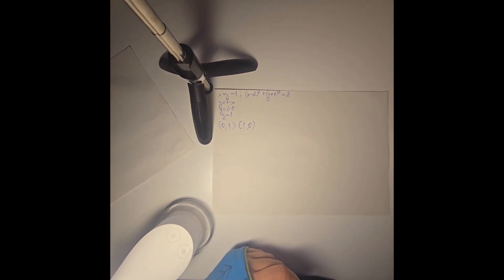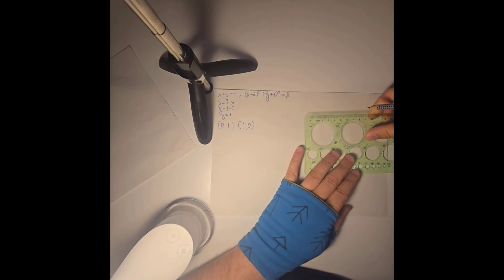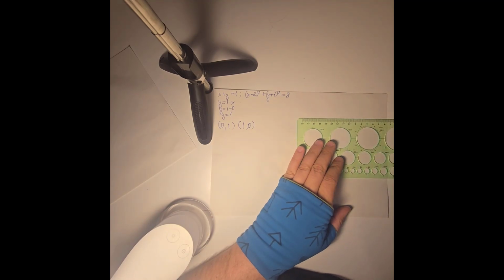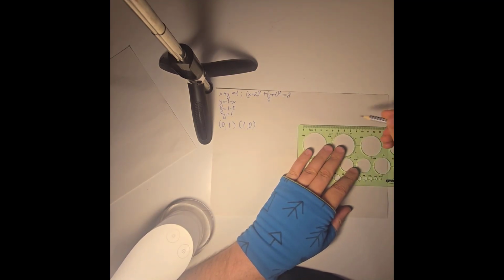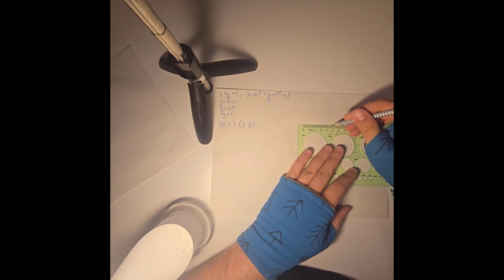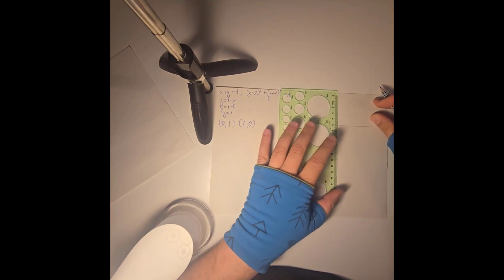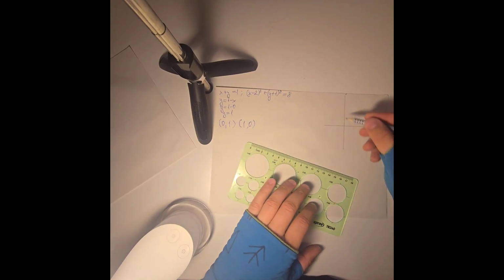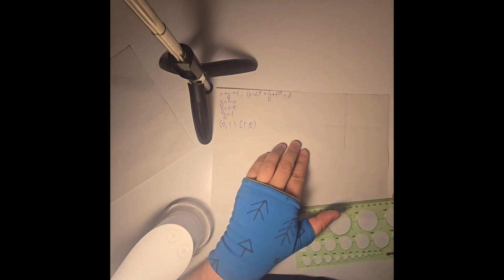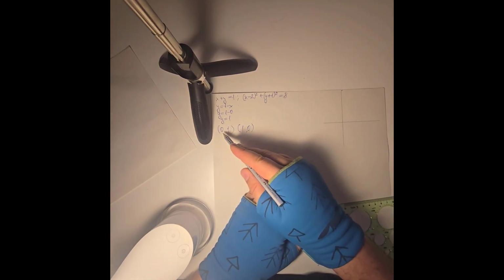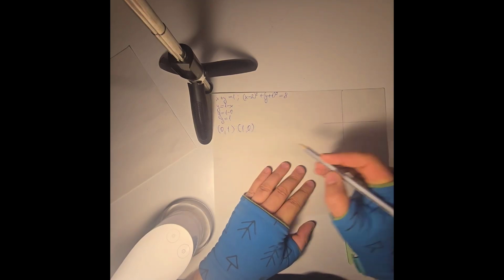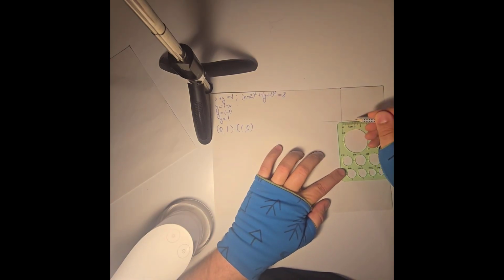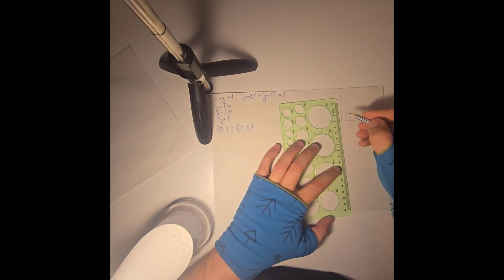Let's quickly plot this on our Cartesian two-dimensional graph. We have one point where x is 0, y is 1. So this is x and this is y.